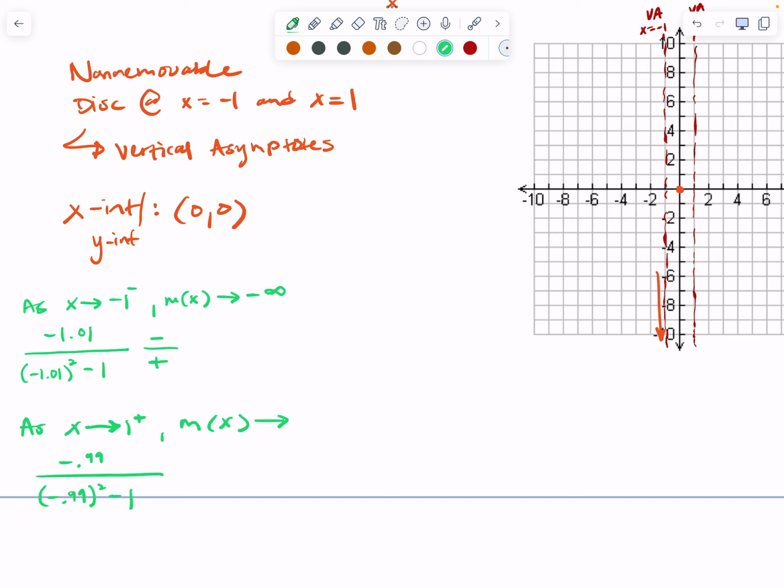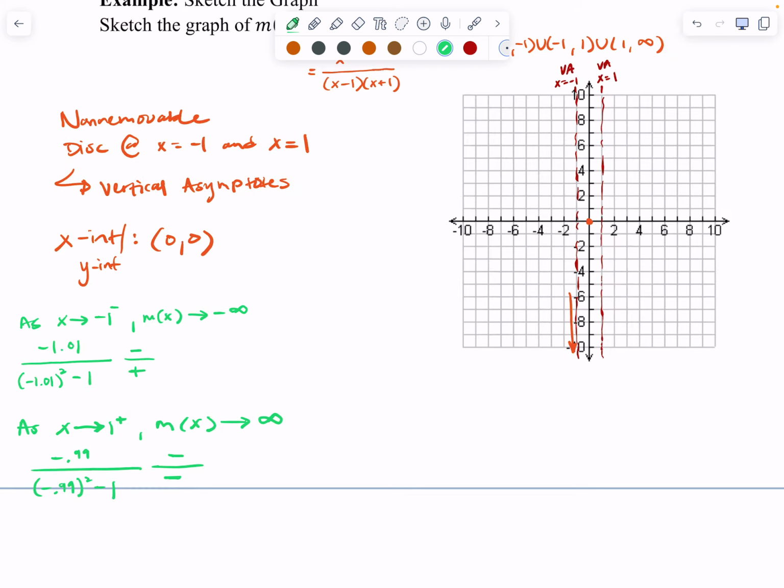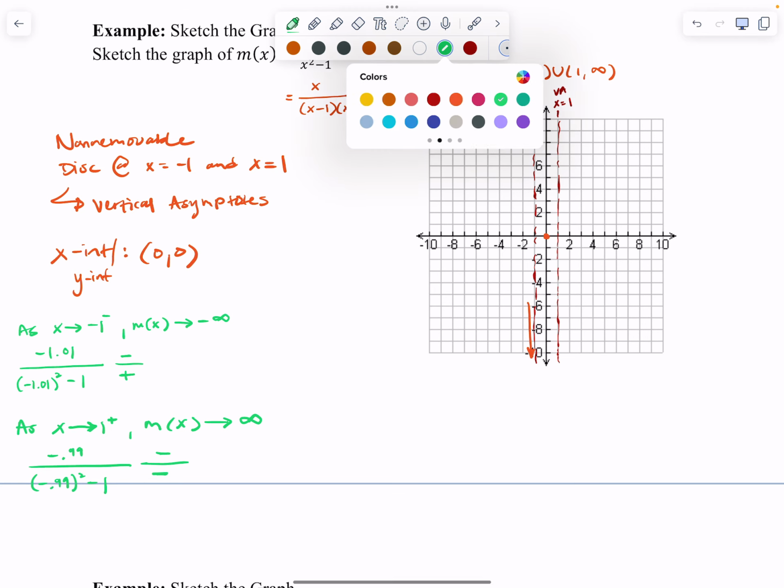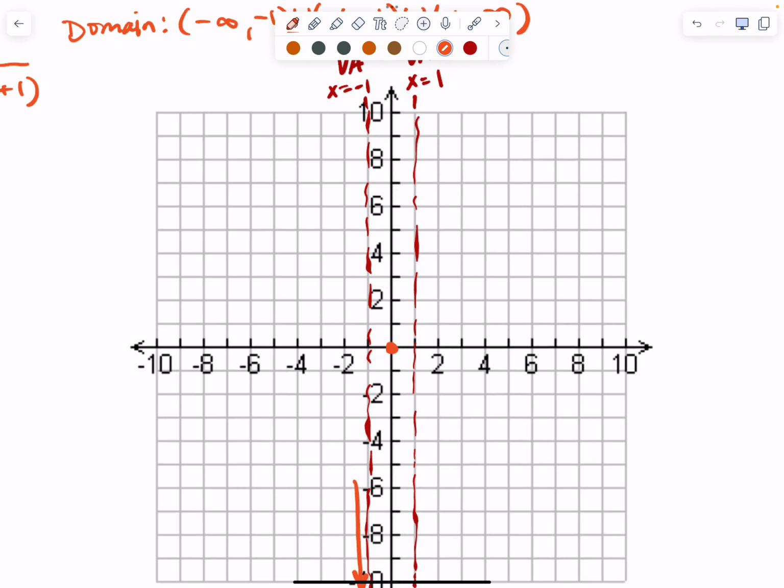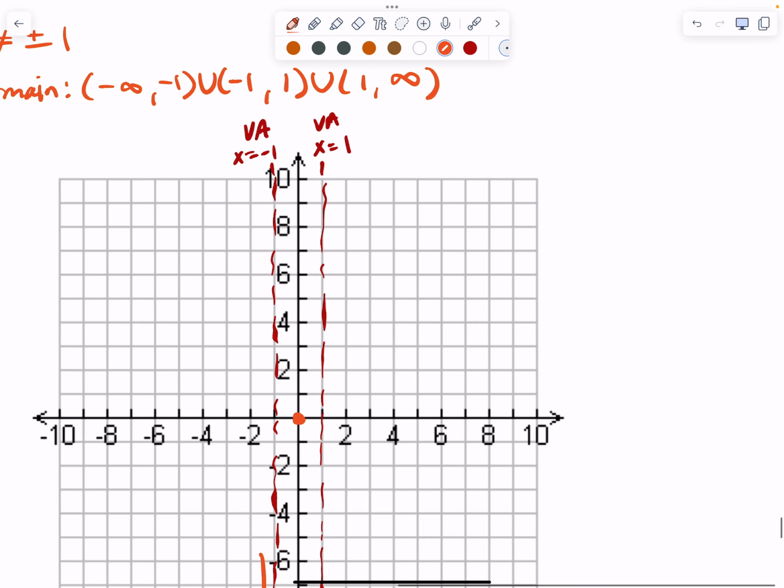Where numerator would be negative, the denominator would also be negative. A negative divided by a negative will be a positive. Okay, so that tells me coming off of this x-intercept that the graph is going to be approaching positive infinity.